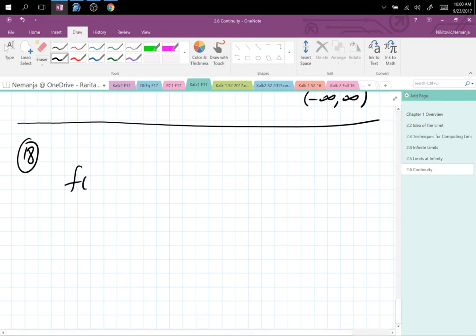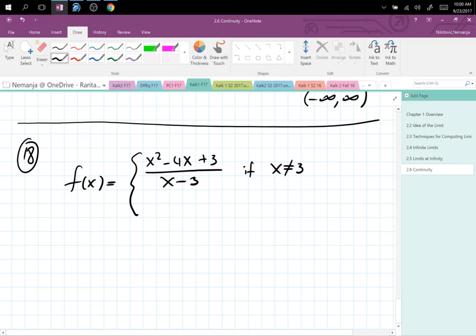We have a piecewise function. It has x squared minus 4x plus 3 over x minus 3 if x is different than 3, and it has 2 if x is 3.